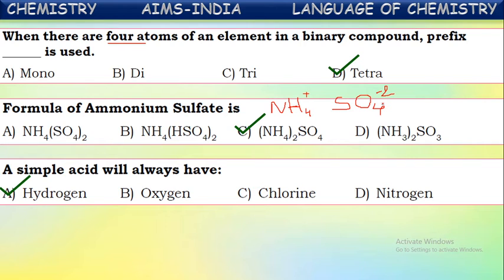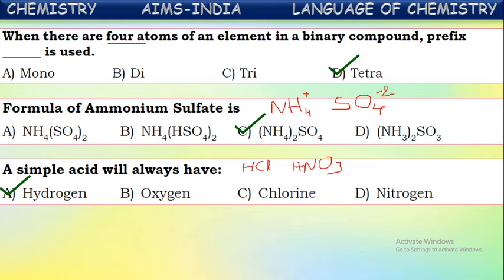For example, hydrochloric acid, HCl, has hydrogen. Nitric acid, its formula is HNO3, has hydrogen. Some other acids like sulfuric acid, whose formula is H2SO4, have acid hydrogen in them. So in this way, almost all the acids have hydrogen in common.